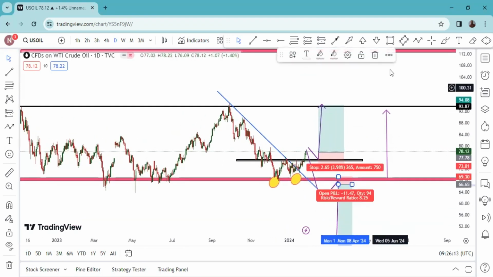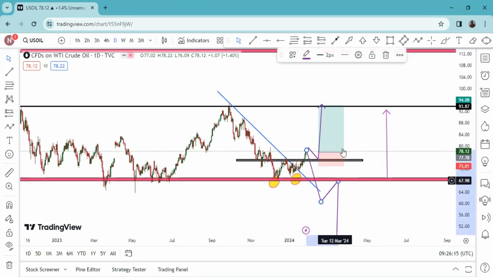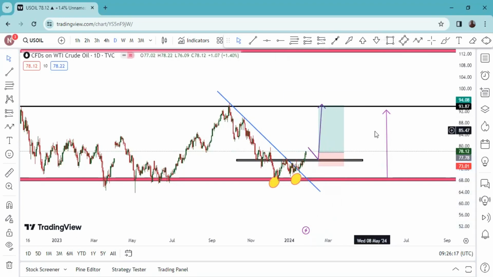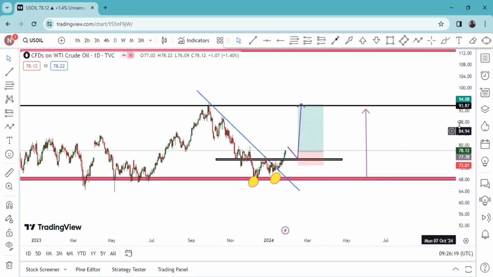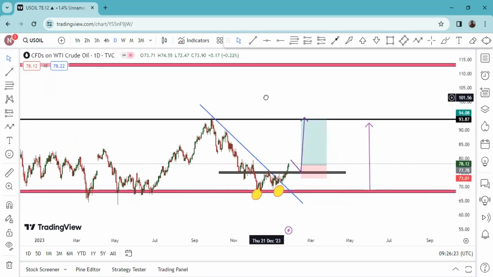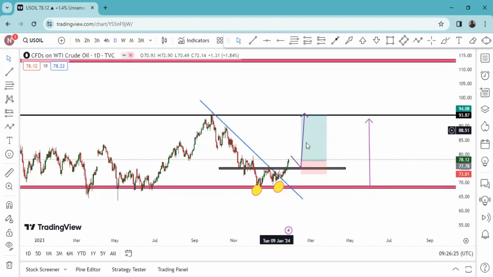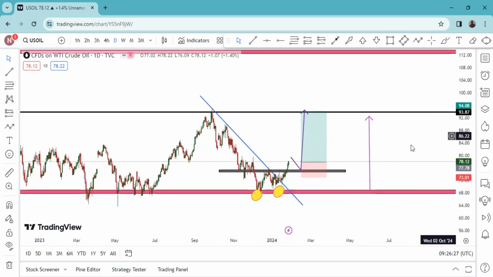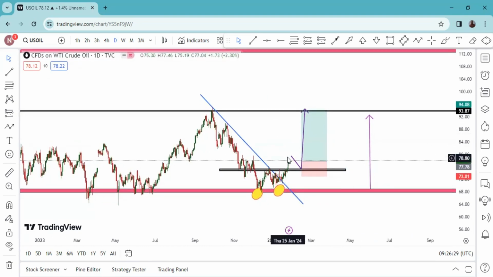But my main target is what I'm expecting, that US oil will be bullish for the next month or weeks. I'm expecting this market to pull back to my 50 and 60 level on my Fibonacci and also to my neckline so that I can take a buy.